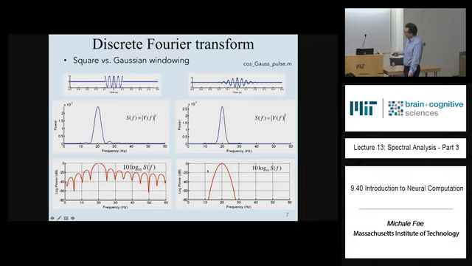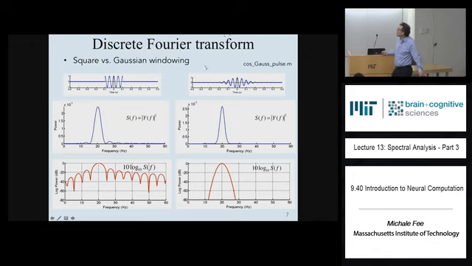And if you look at that spectrum on a log scale, you can see that you've lost all of these high frequency wiggles up here. All of those wiggles come from the sharp edge of this square pulse windowing function. Okay? So the shape of the spectrum that you get depends a lot on how you window the function that you're looking at. Questions about that?